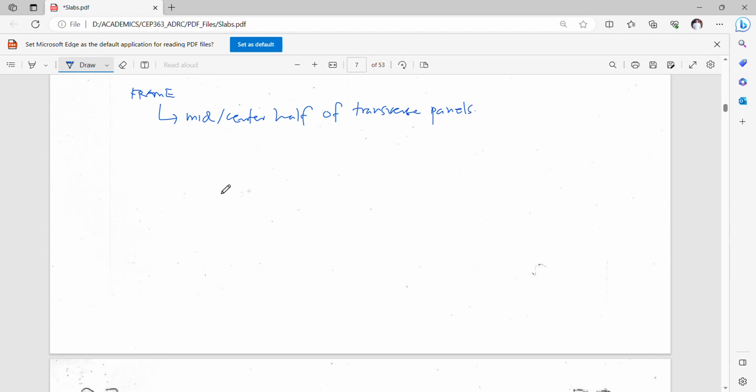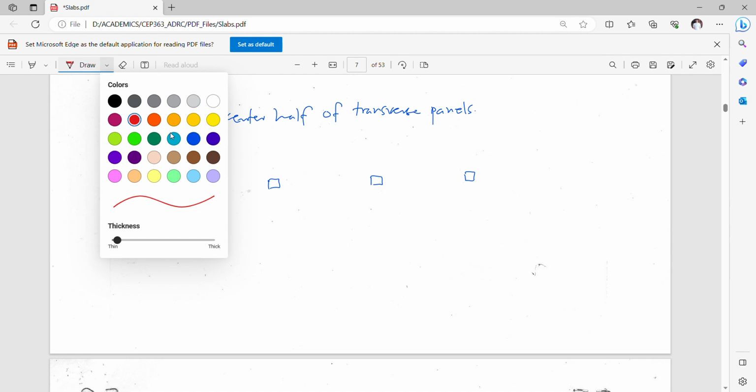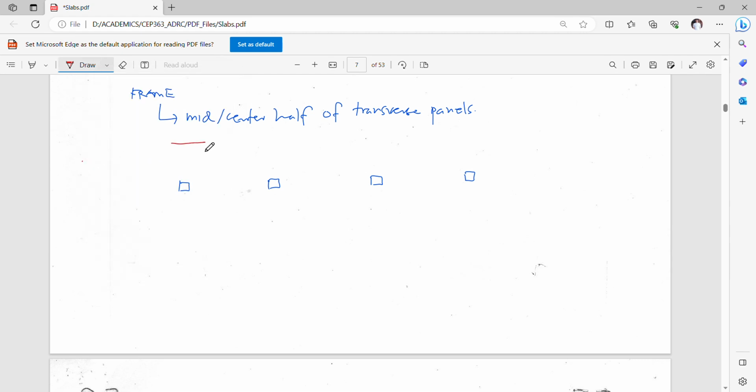Remember that if we have the columns in the longitudinal direction, which is composed of a three span, your boundary is given in terms of these lines.